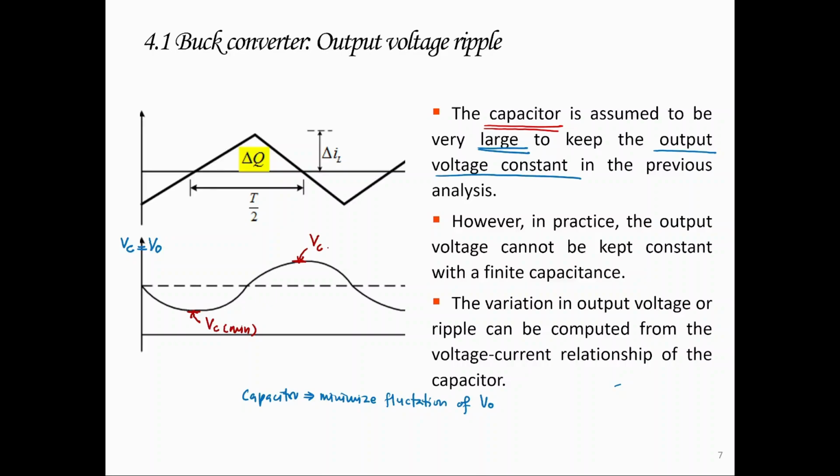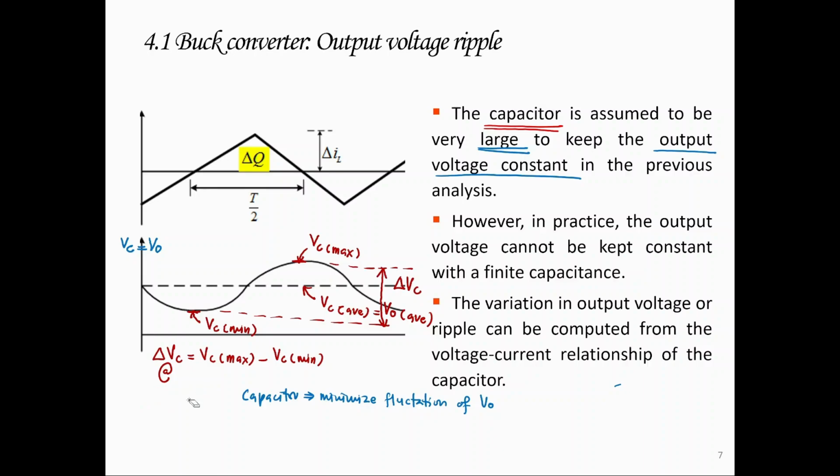Okay, right. So again, if let's say that you want to find what is the variation, it will be delta VC. So your delta VC will be VC max, maximum capacitor voltage, minus minimum capacitor voltage, or since your capacitor is connected parallel with your output, it will be like this, yeah.